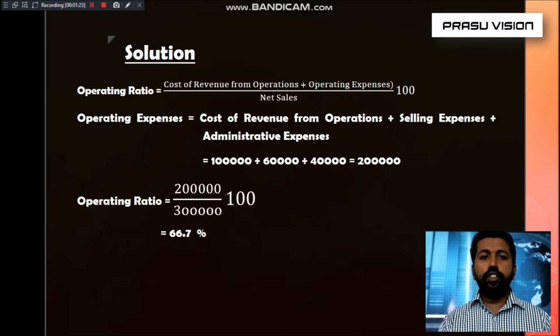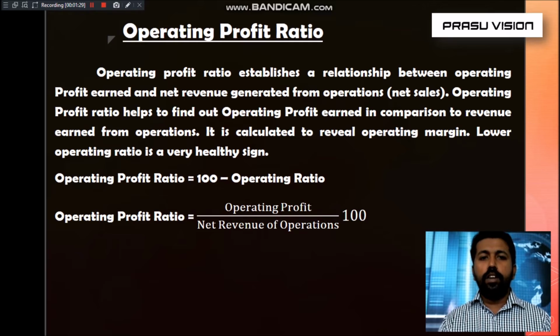And yet another ratio coming under the category is operating profit ratio. A very simple equation is there: 100 minus operating ratio gives the value of operating profit ratio. So it is a continuation of operating ratio.